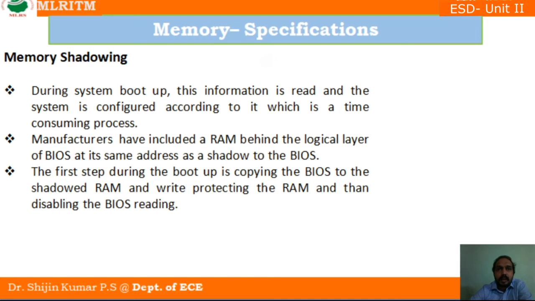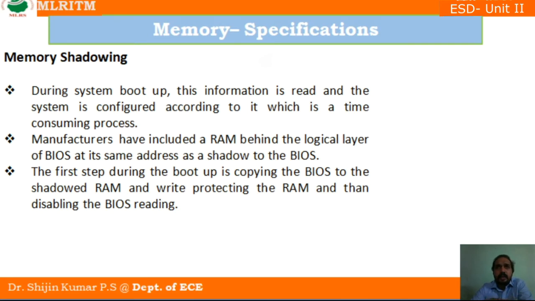So what happens? When we turn on the system, all the content present inside the ROM will be copied to the RAM. That process is called shadowing. A copy of the BIOS is shadowed to the RAM, and that particular RAM is write protected.